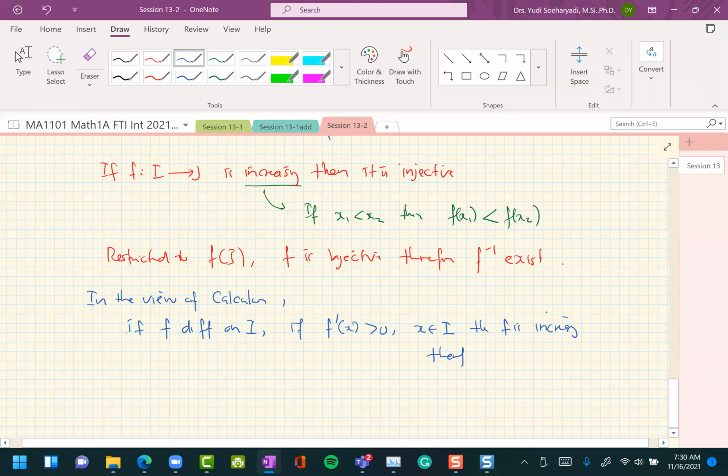Therefore, it is injective. And I should mention that this is also true for decreasing.